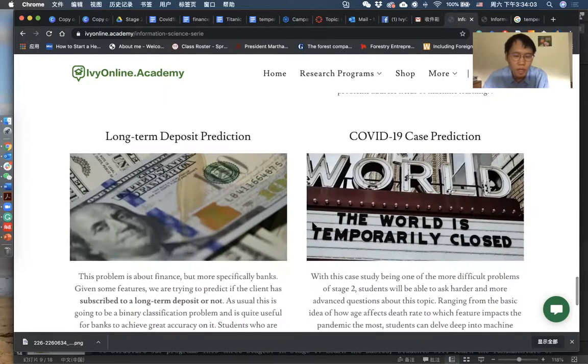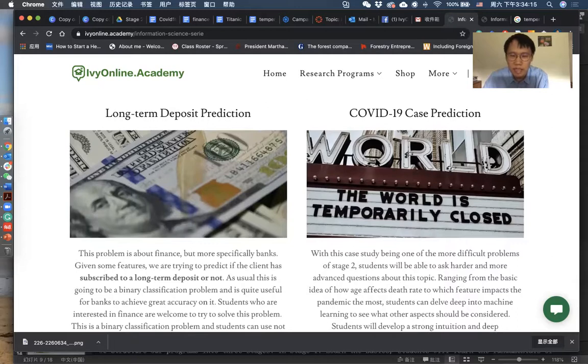For example, you can use what you learned in the first stage to predict whether COVID-19 cases will jump or decrease, using a public government data set.